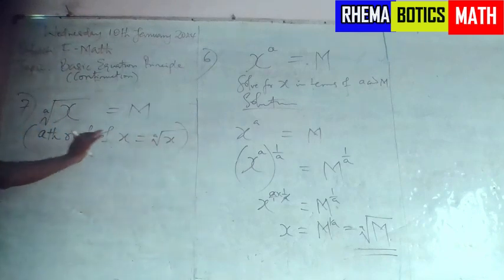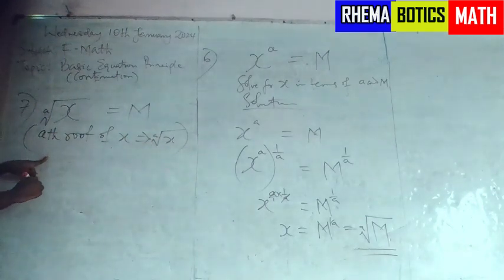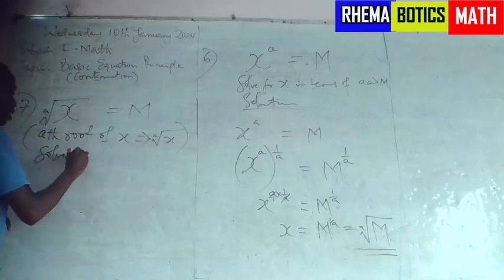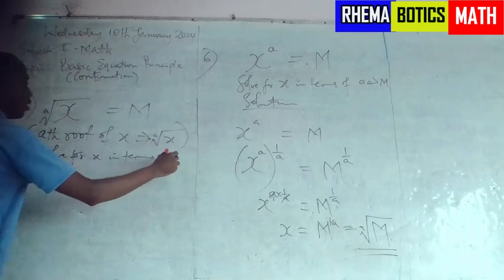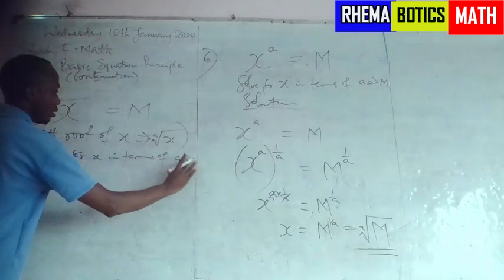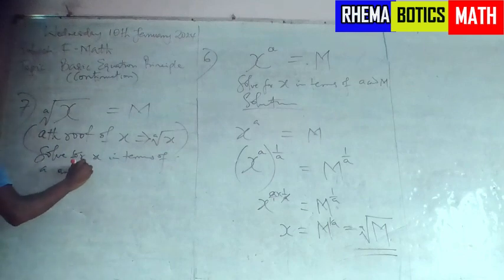Okay, so I have to do that. So this implies this. Now we are looking to solve for X in terms of A and M. Solution.